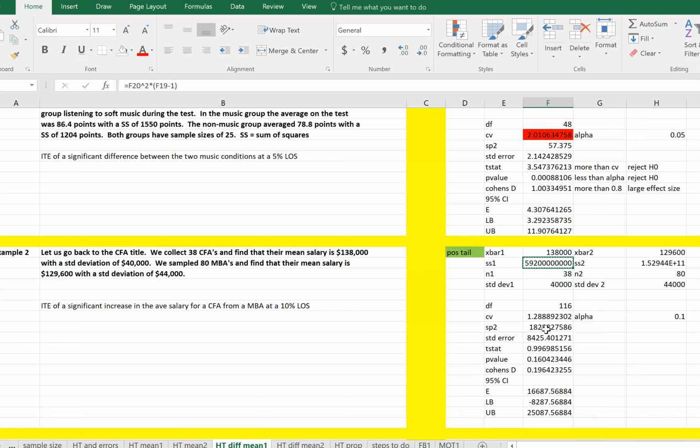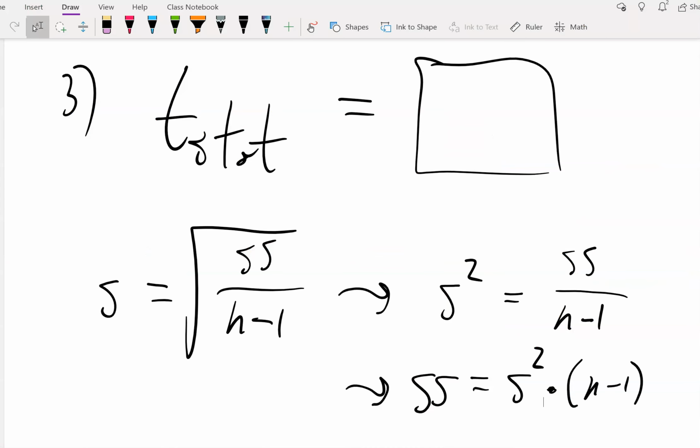Same thing over here. This would be standard deviation squared times, and that's very important, degrees of freedom, n minus 1. Because that's the formula I was able to concoct when I utilized this formula backwards. To get rid of a square root, you square both sides and you cross multiply.